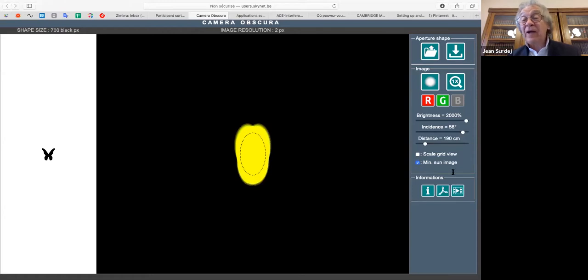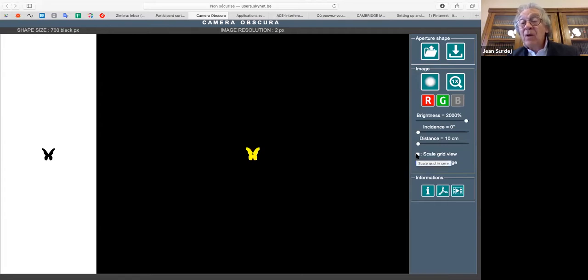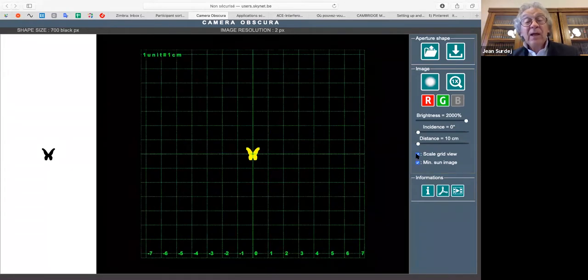So here's a butterfly, and as you are very near, 10 centimeters from the screen, of course, it looks more or less like a butterfly, but with the incidence of 0 degrees, it looks better. Now you may overlay the grid so that you know what is the real size. So 1 unit is 1 centimeter.